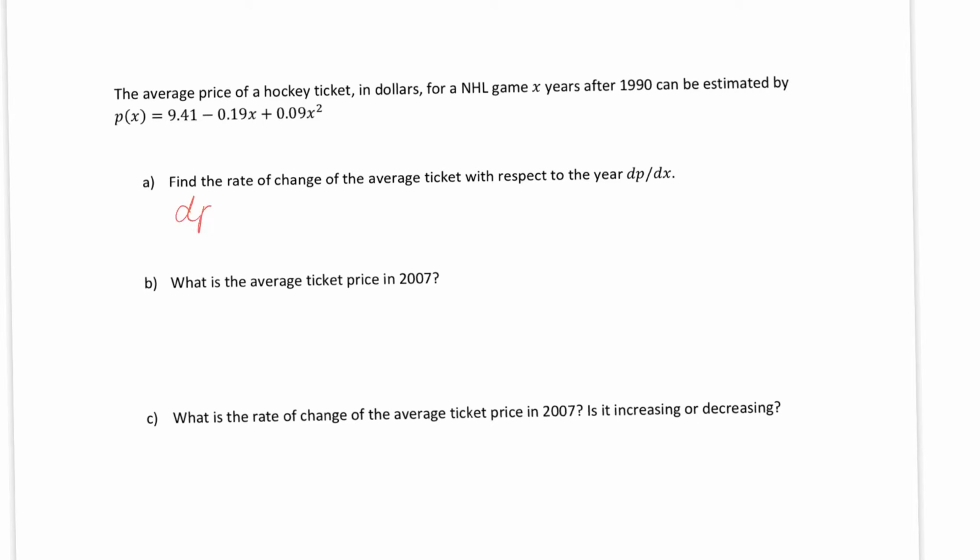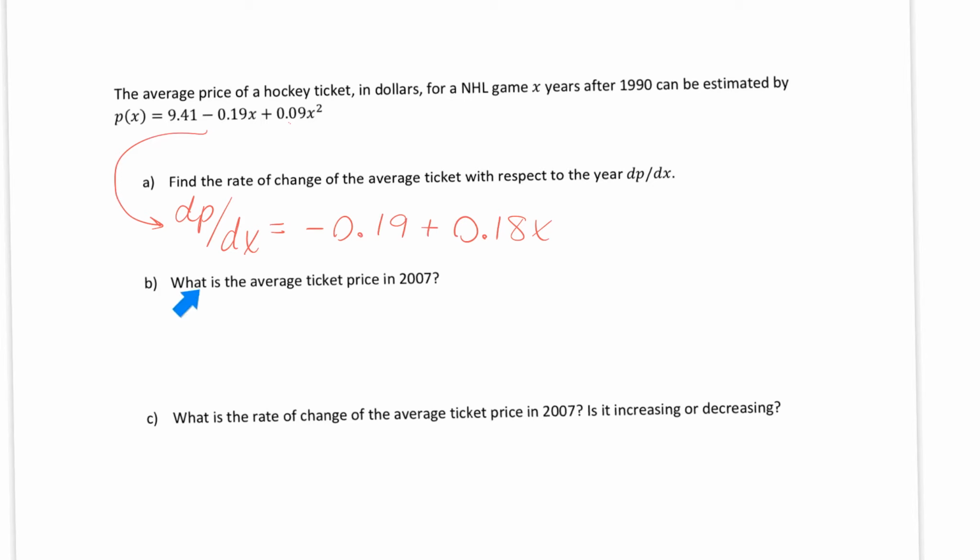We're going to find dp dx, which is just the derivative of that guy. So the derivative of 9.41 is 0, the derivative of 0.19x is negative 0.19, plus the derivative of 0.09x squared is going to be 0.18x. Okay, there's a derivative.